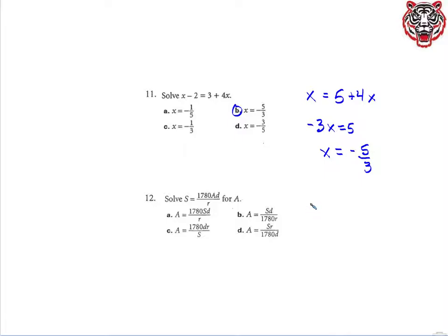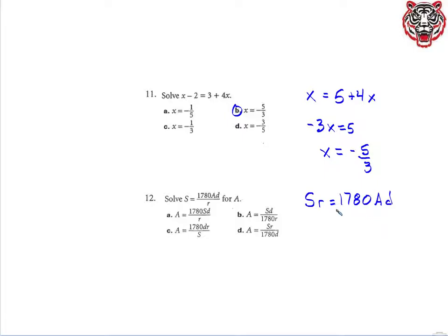So I rewrote the equation. Then I multiplied by r on both sides. So that'll get rid of the r on the right, and we'll add it to the left. So I have s times r is equal to 1,780 times a d.